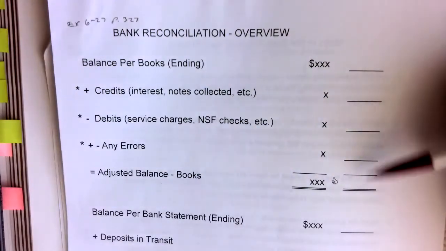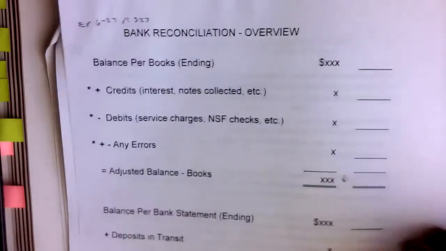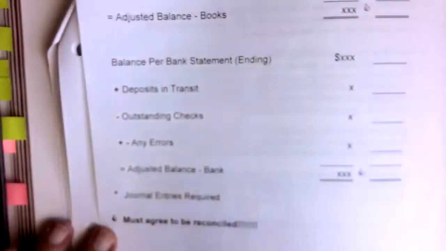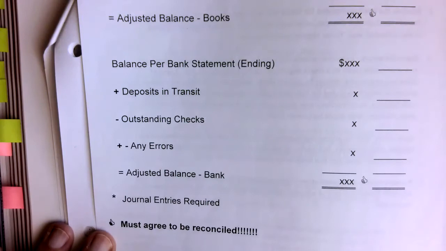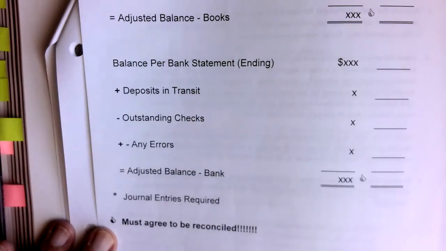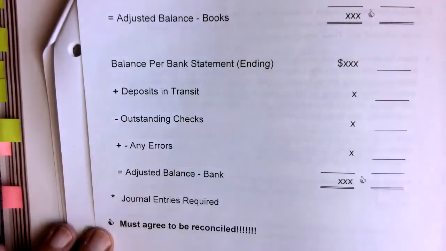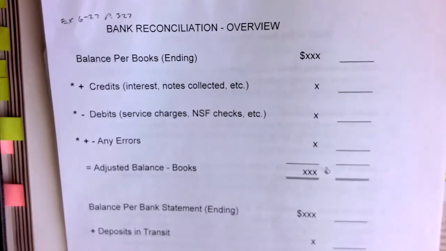I've got balance per books in the top section here, and then notice I say ending, and balance per bank statement on the lower section down here, ending. Just a reminder, we're comparing our ending bank balance on our books to the ending bank statement amount on the bank statement, not the beginning.